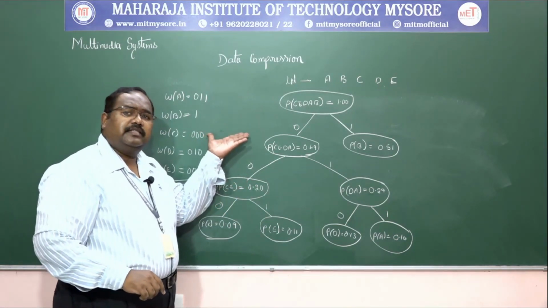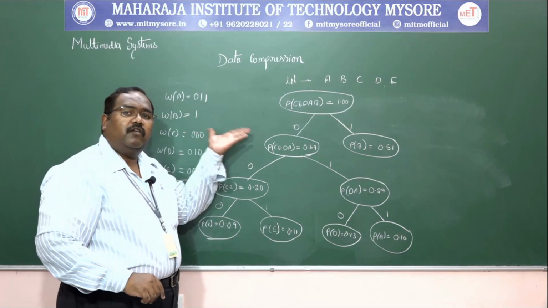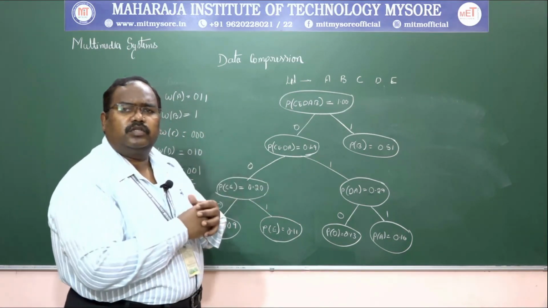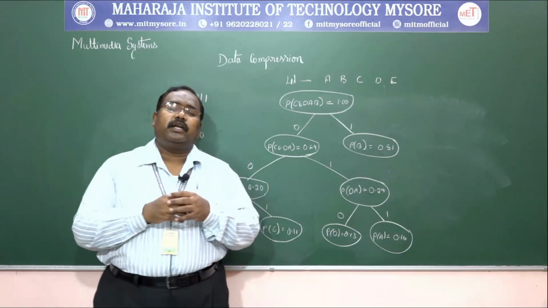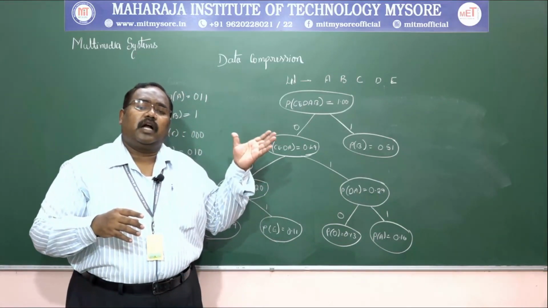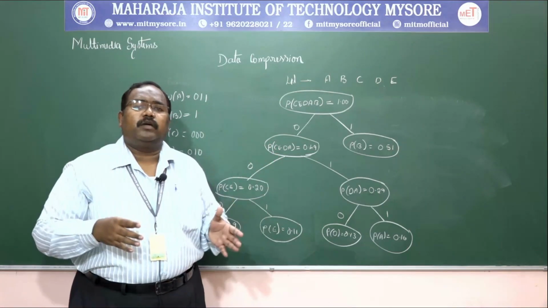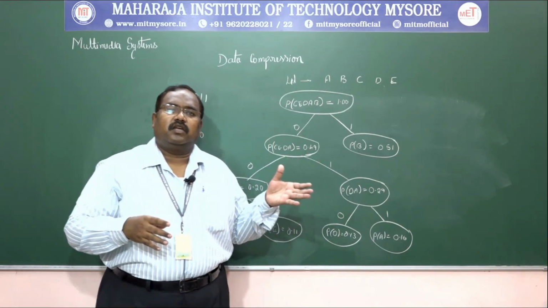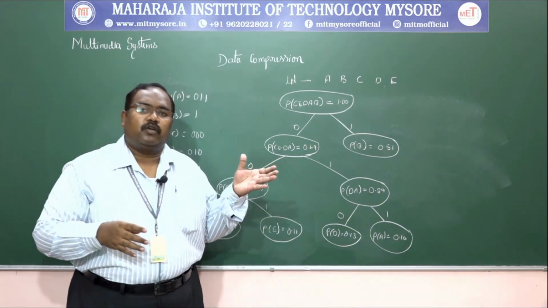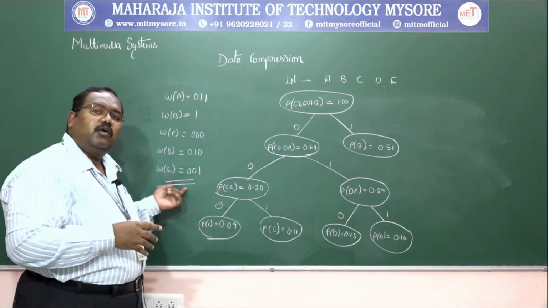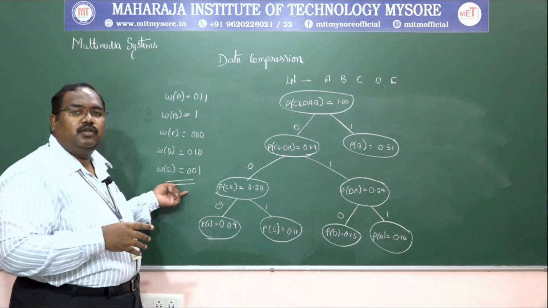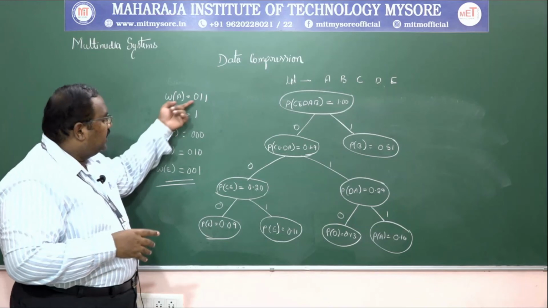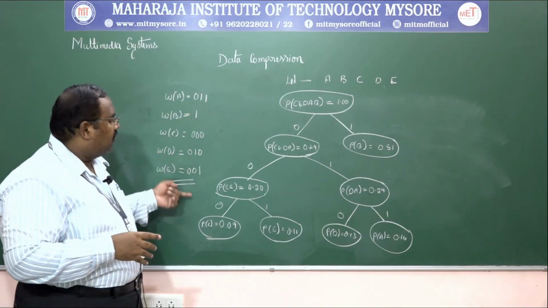When they ask in the exam with respect to the probability of A, B, C, D, they might give n number of nodes, and even the probabilities, and they might also ask you to use Huffman coding to represent the different levels of compression, and also provide the weights for each node. So A, B, C, D and E can be coded in this format.